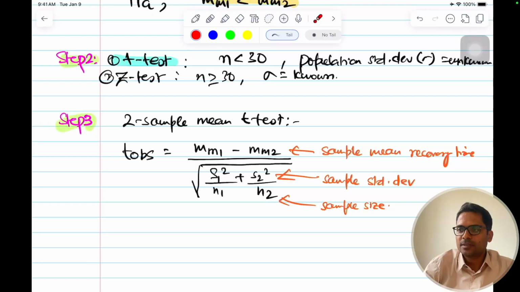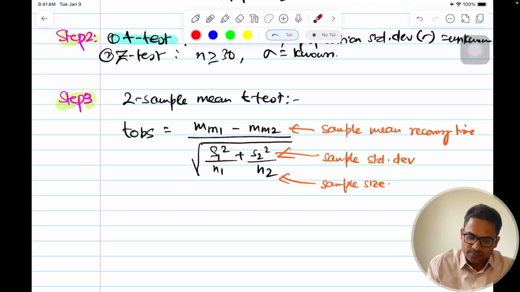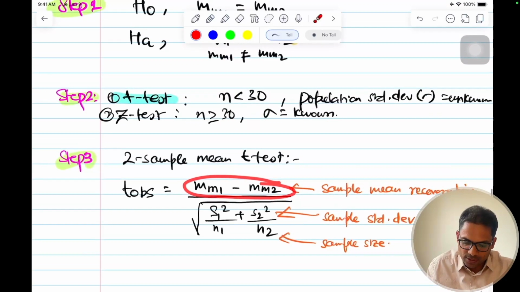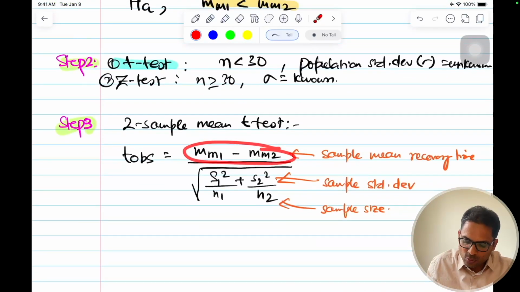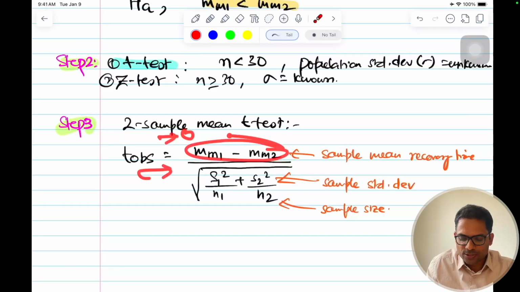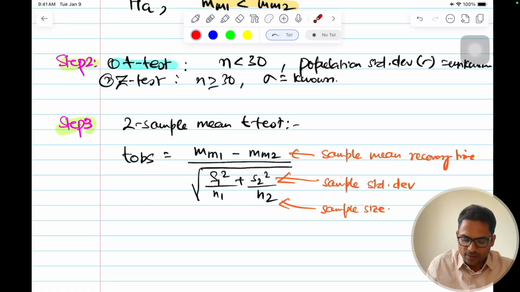Now, what happens if the two means are very close? The null hypothesis says that if both are very close, my t observed will be close to 0.